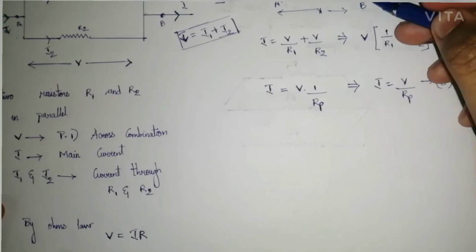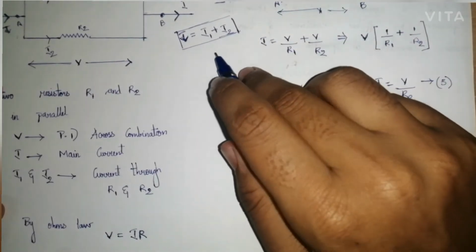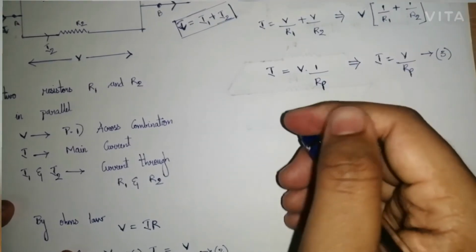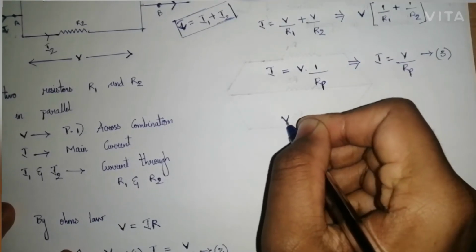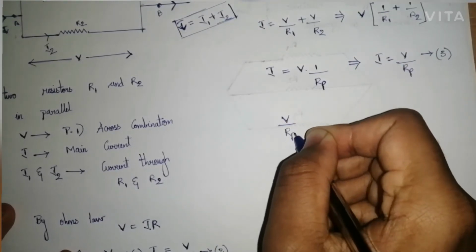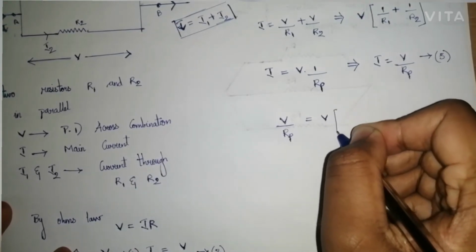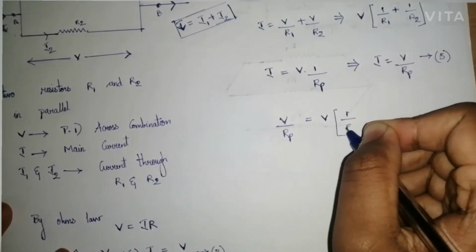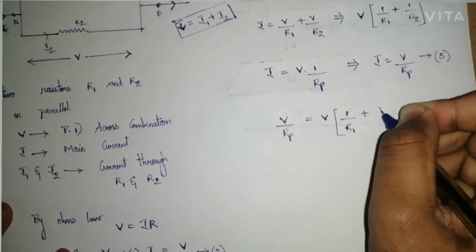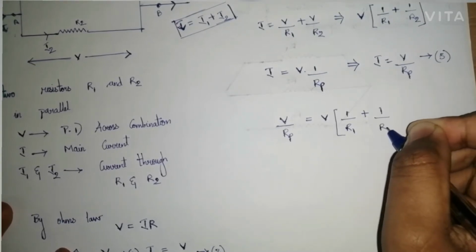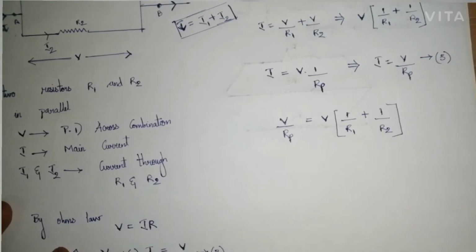Now when you substitute back over to this equation, I is equal to I1 plus I2, you will have V over Rp is equal to V into 1 over R1 plus 1 over R2. Very important concept.